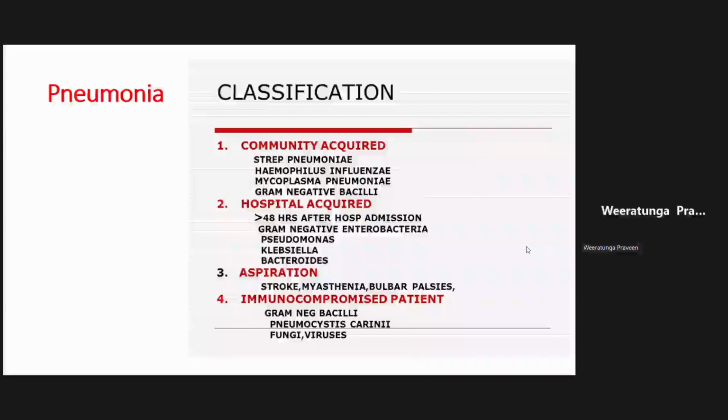Aspiration pneumonia is different. Again, gram-negatives and anaerobes from your gut are the causes there. And then you have pneumonia in the immunocompromised patient, which is a whole different set of organisms, like Pneumocystis, for example. So this clinical classification allows you to guess the organism also.